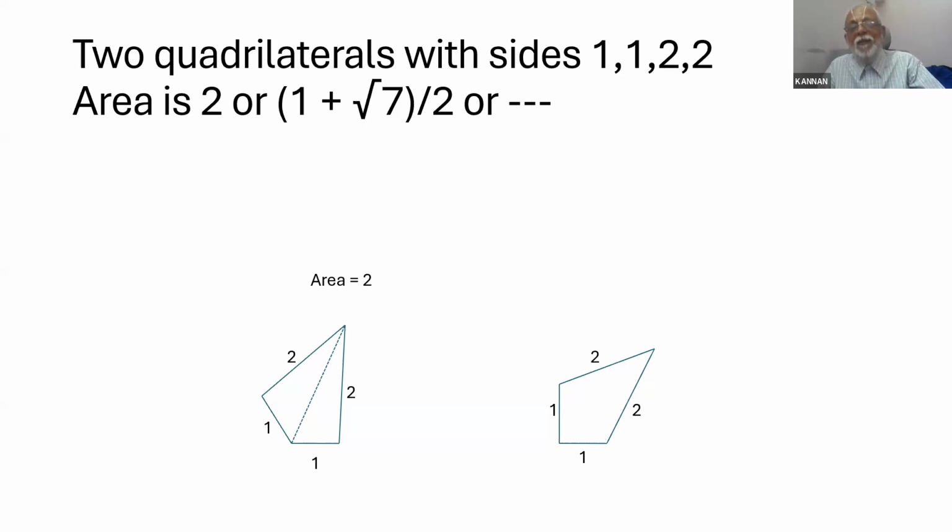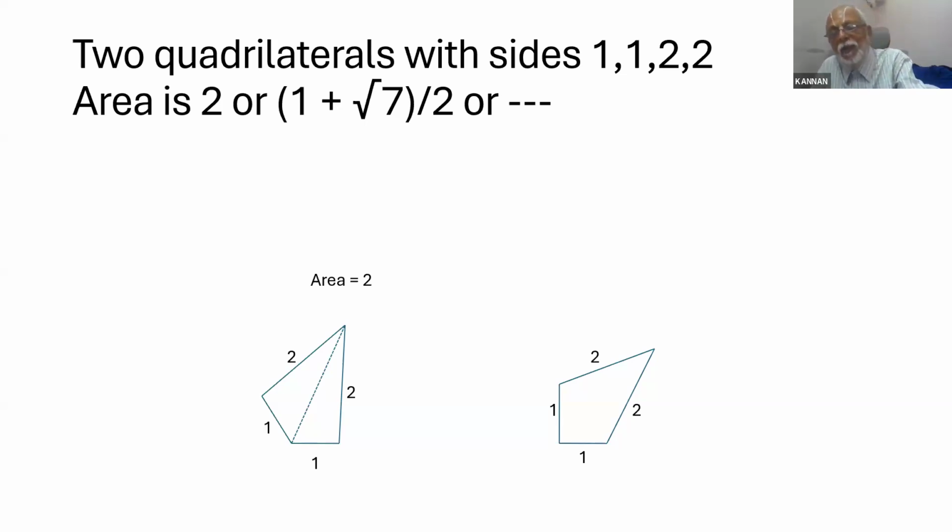We do not require Brahmagupta's formula to calculate this area because these are 2 right angle triangles. We can easily calculate the area. Half into base into altitude gives half into 1 into 2, 1 for each of the 2 triangles here. Total quadrilateral area is 1 plus 1 equal to 2.